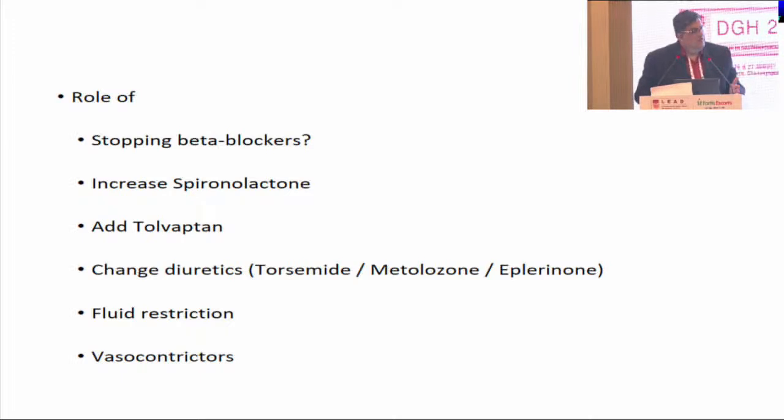And we are already on a very stiff dose of diuretics, so we don't know really whether increasing the dose helps. It is also the change in diuretics people try. A practical experience is when you don't get a diuretic response with a particular type of diuretic, you always try to change, and sometimes you get a good response with metolazone. That has been our experience, so you can give a trial. But all these are options. Again, no data to back any of these things.